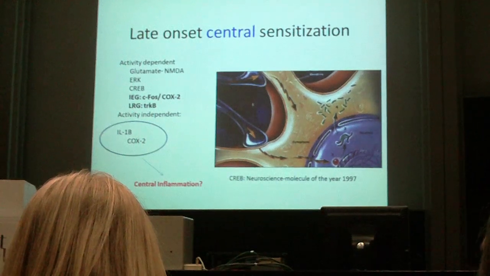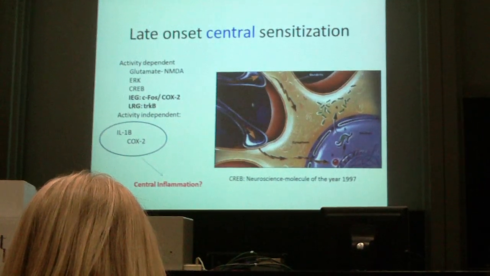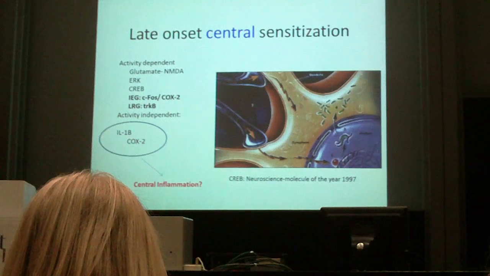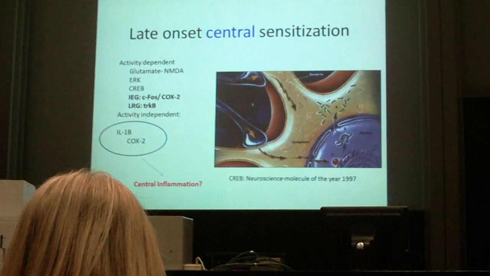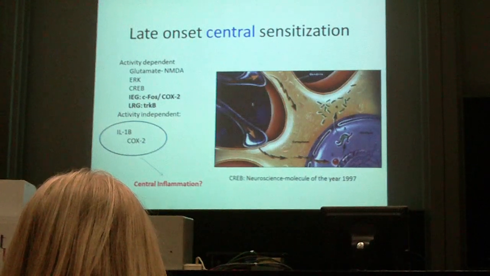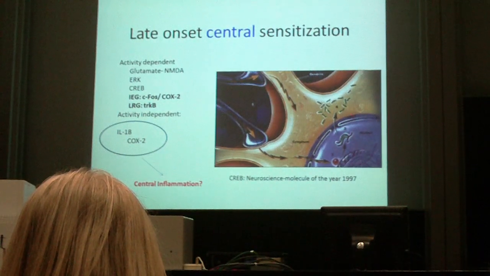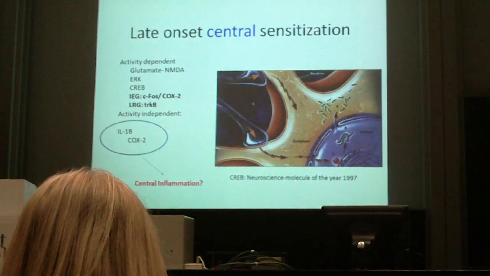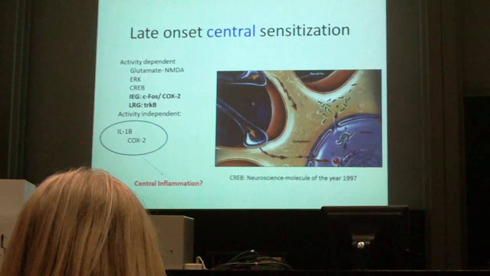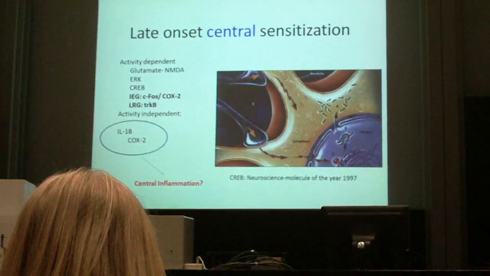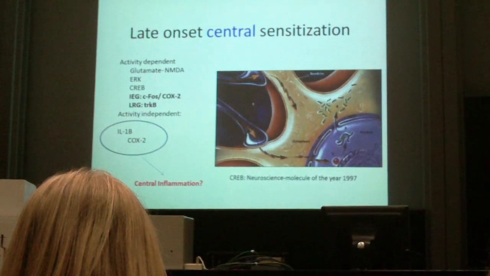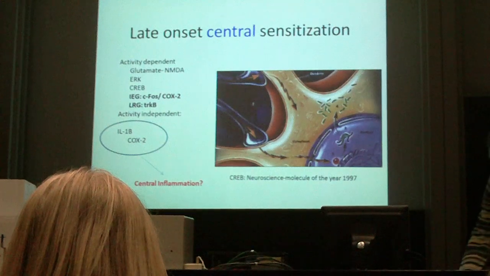In fact, it mirrors to some extent what I showed you at the periphery. So you have a peripheral sensitization with these molecules, COX, prostaglandins, and here again, in the central nervous system, you have release again of COX-2 and cytokines. It also gives a kind of inflammation, a central inflammation. And I will go into detail on this central inflammation.